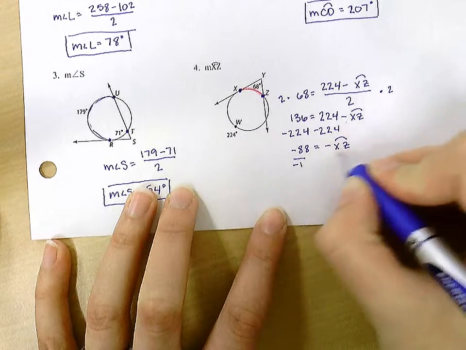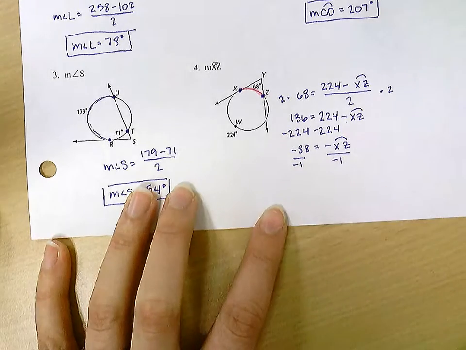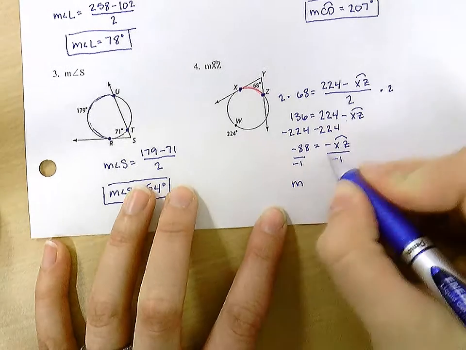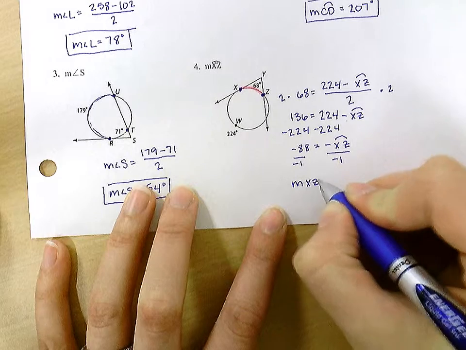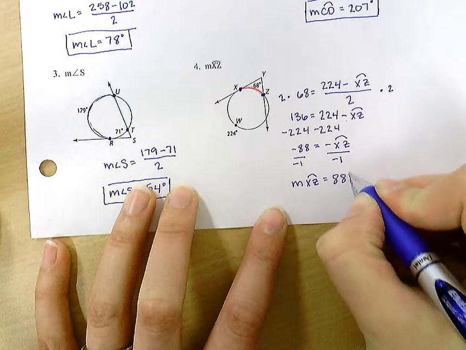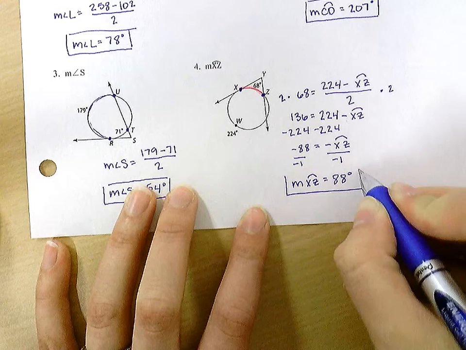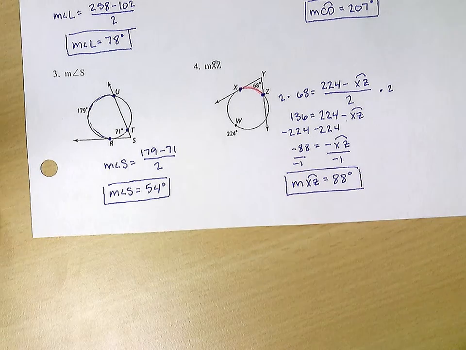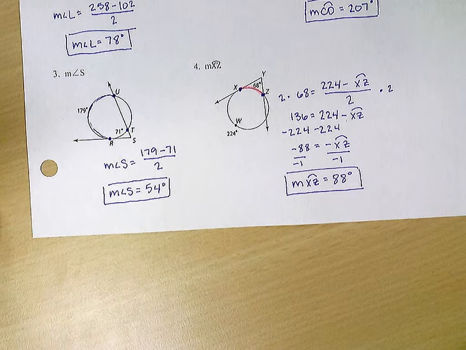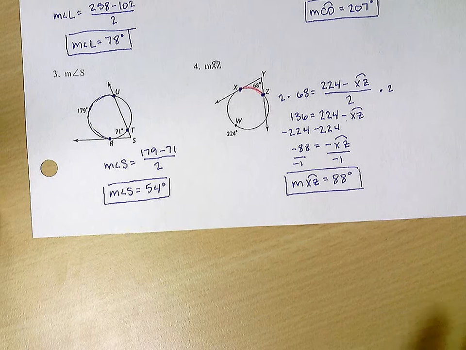Divide by negative 1 to get the measure of arc XZ is 88. Okay, so again, you're just plugging it into that formula. Your larger arc minus your smaller arc. Okay, questions on 3 or 4?